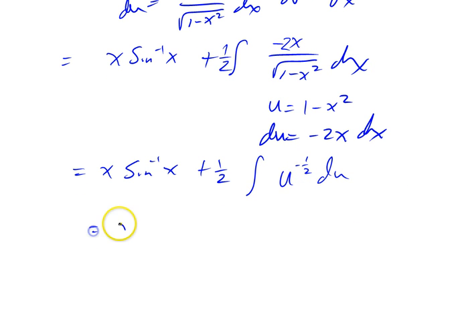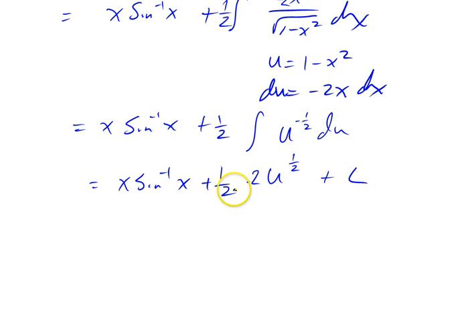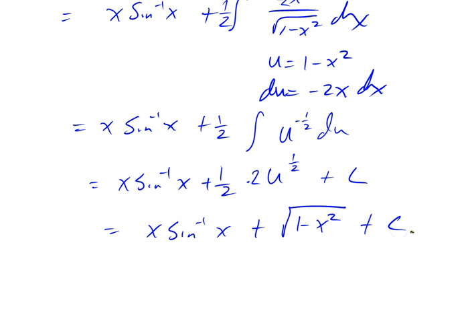That now integrates to 1/2 u to the plus a half divided by plus a half, so that would be times 2, plus c. So the half and the 2 cancel out. I've got x sine inverse x plus u to the half power, but u, remember, was 1 minus x squared. So raise it to the half power. That's the same as taking the square root. And we've got that integrated.